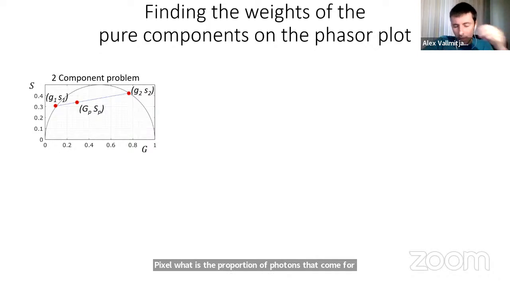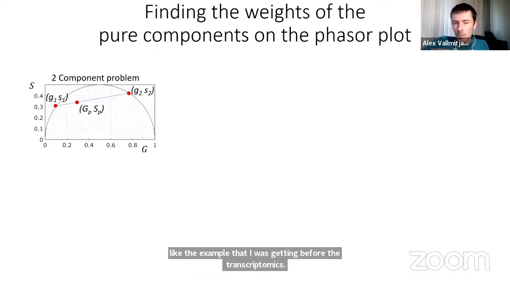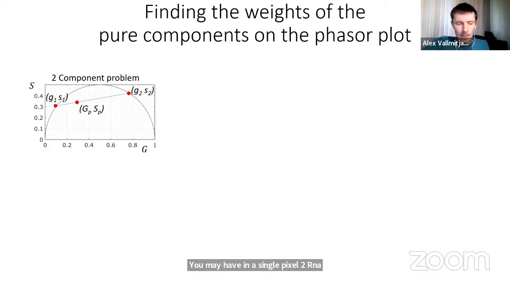Like the example that I was giving before of the transcriptomics, you may have in a single pixel 2 RNA transcripts labeled with 2 different labels. And if you have your phasor data, you can figure out how many of the photons come from each of the 2 labels. So you can quantify the expression of your transcripts at the subpixel resolution.